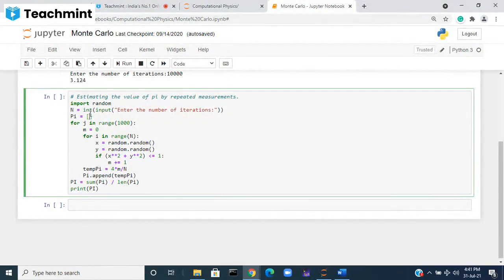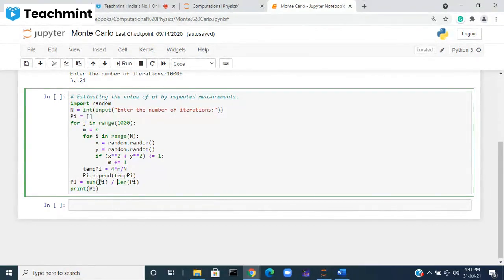Now the average is sum of the pi list divided by the length of the pi list. This list contains 1000 estimates of pi, so we divide by the total number of elements, 1000.